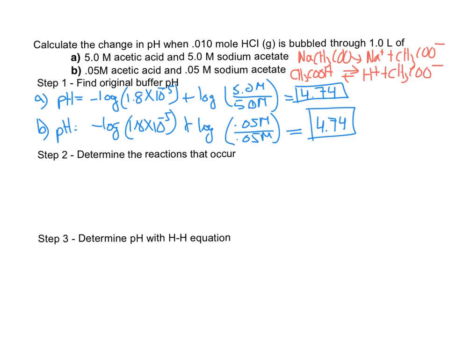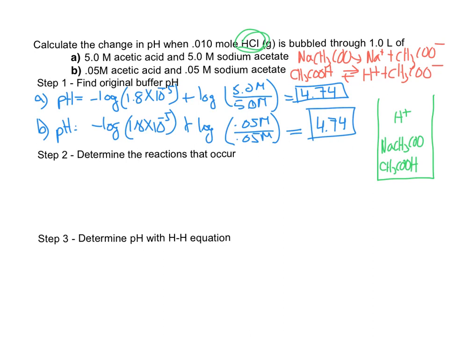So I like to draw my little beaker. So my beaker here, I have my acetic acid, CH3COOH, I have my sodium acetate, NaCH3COO. And I'm going to add some HCl, so that's really H pluses, so I'm putting in some H pluses.